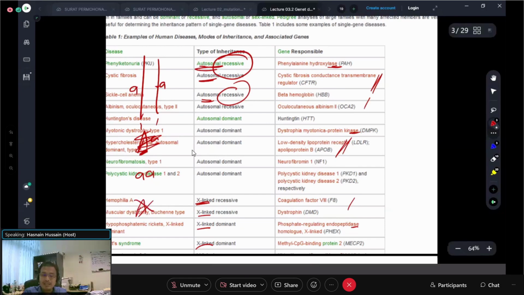So when that happens, there is no big A to compensate for the absence of the enzyme from the big A. So only the defective enzyme is produced in this individual, then only this individual will show the symptom, the disorder or the disease.